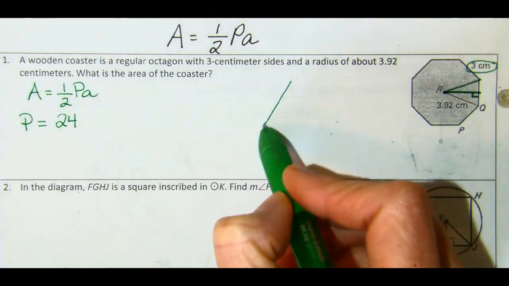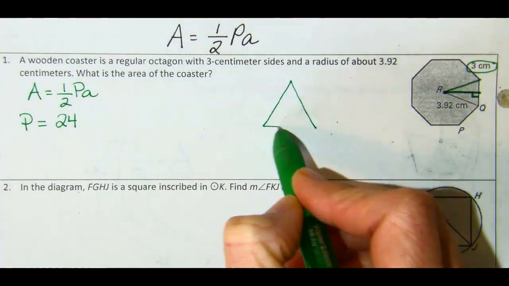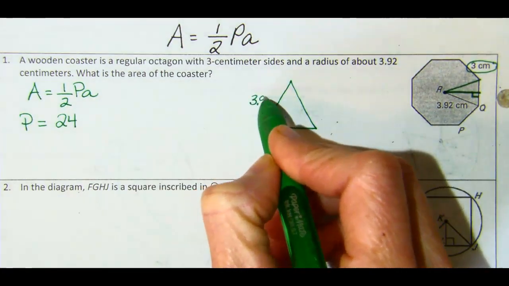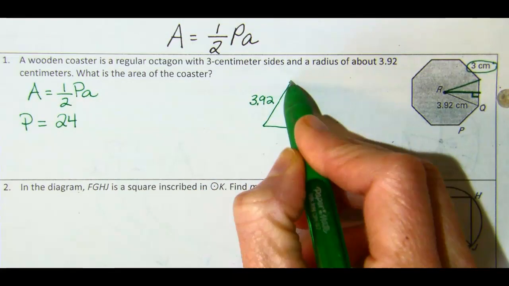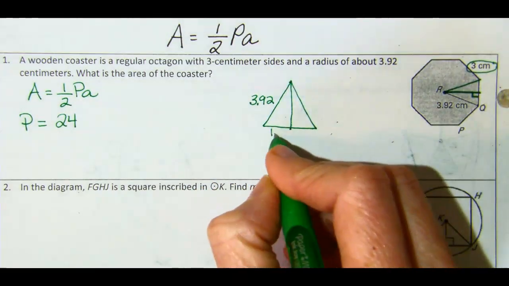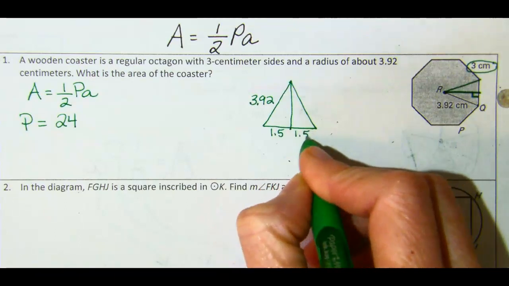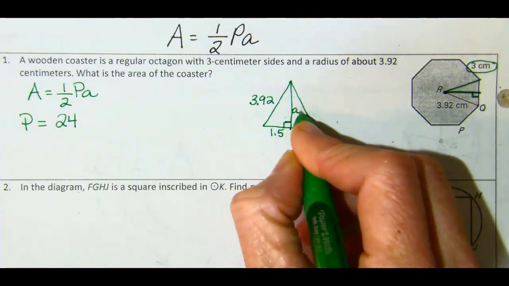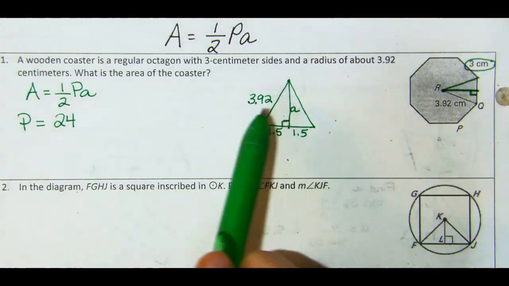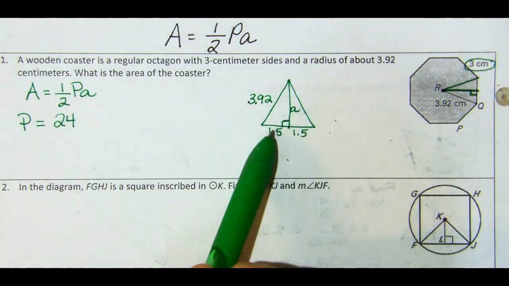So I'm going to redraw that triangle and label what we have. We know that the radius was 3.92. We dropped the apothem to a side of 3, so I know this is 1.5 and I know this is 1.5. But I really need to know this. On this one, we can stay away from trig ratios because we actually have a hypotenuse and a leg.